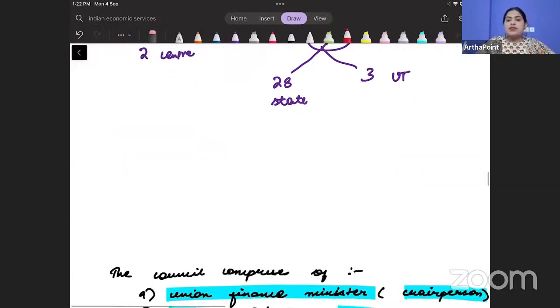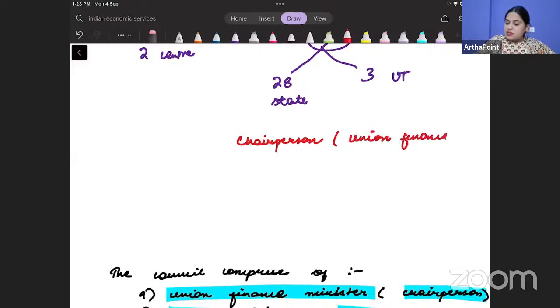Now try and understand. When I talk about the GST Council, I have a chairperson, right? Who's the chairperson? The Union Finance Minister is the chairperson.